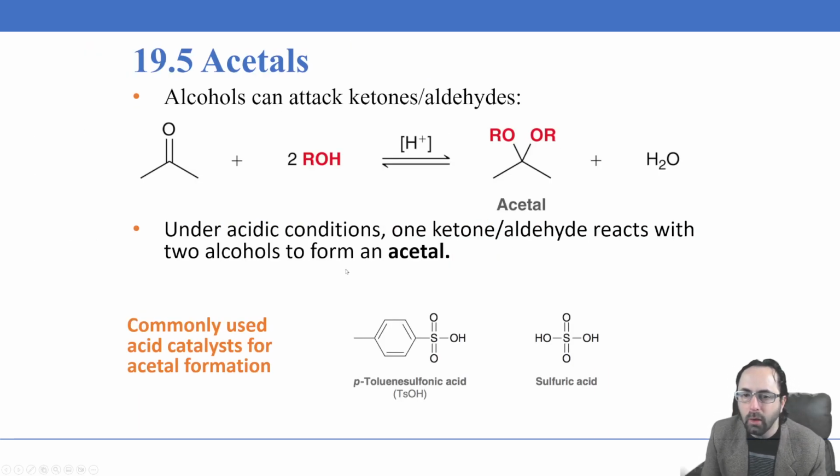Now let's talk about an acetal here. So an acetal is what's formed when it's very similar to the hydration, but instead of using water or hydroxide or hydronium, we're going to use an alcohol as a nucleophile.